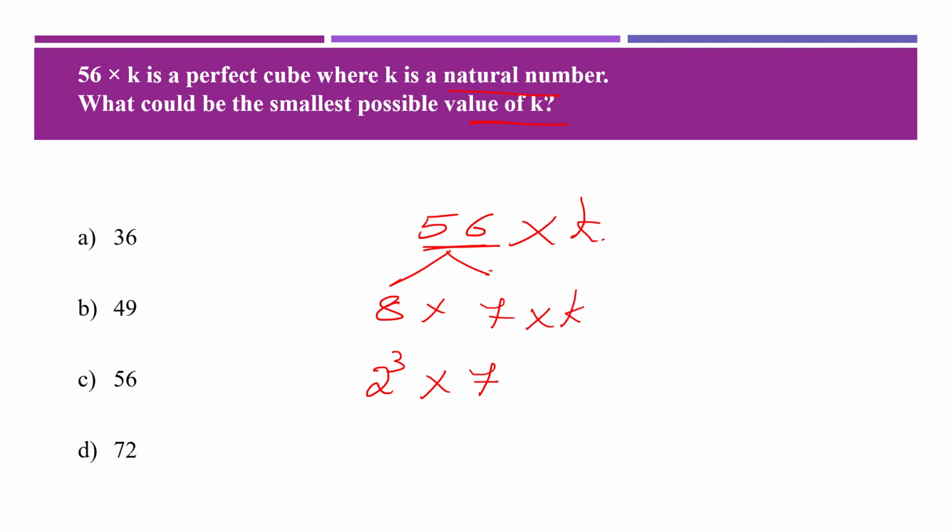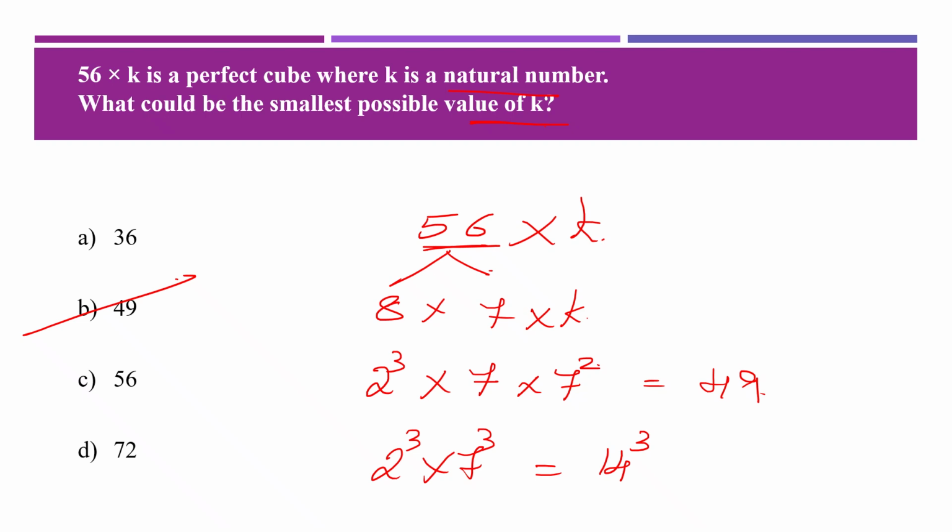So obviously K needs to be 7 square, which is nothing but 49. Great. Then we have 2 cube times 7 cube, which can be written as 14 cube. So K must be 49, the smallest possible value for the product to be a perfect cube.